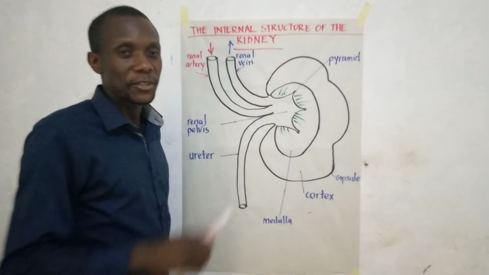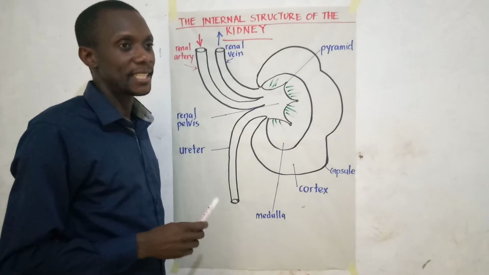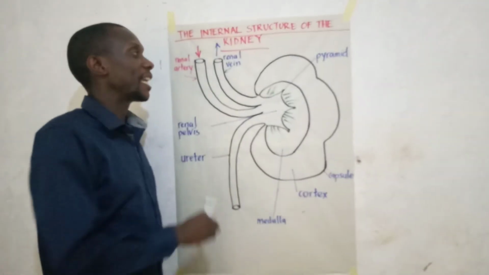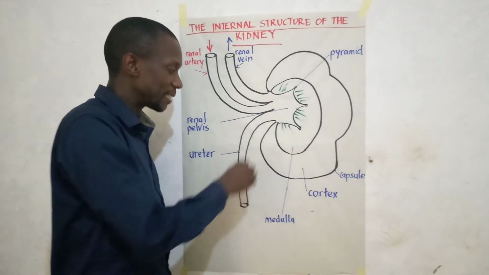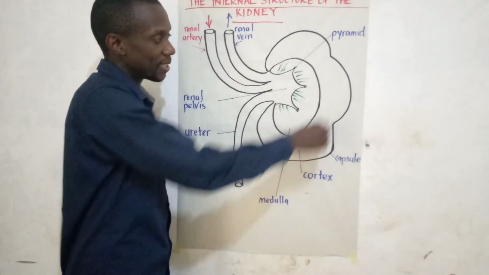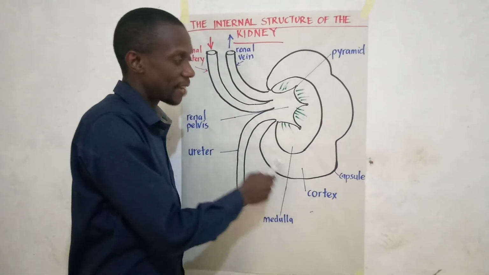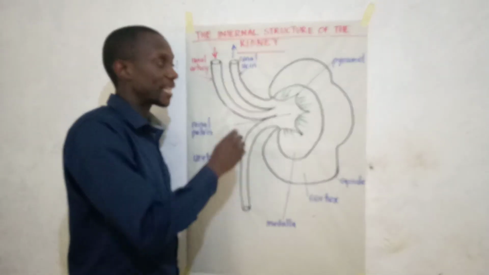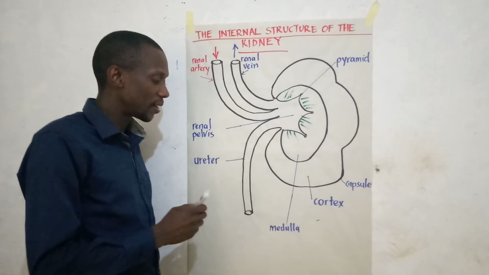What are the functions of the kidneys? We shall talk about two major functions. The first one is it purifies blood. The kidneys purify blood by filtering it. That is the process I've just explained. And secondly, the kidneys help in osmoregulation.